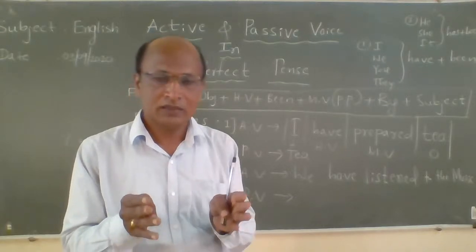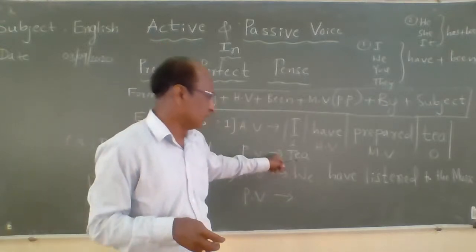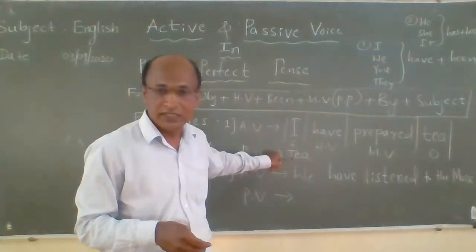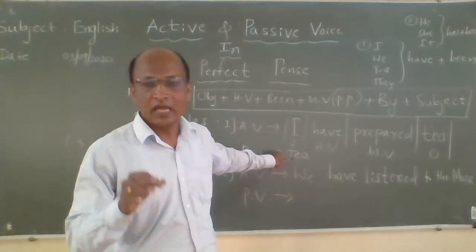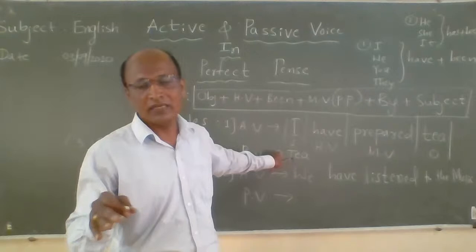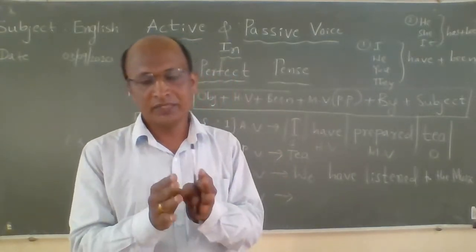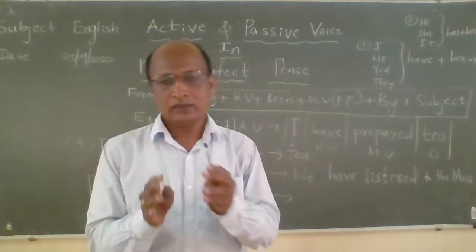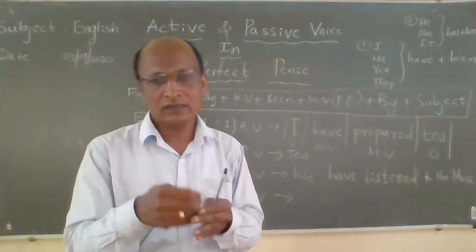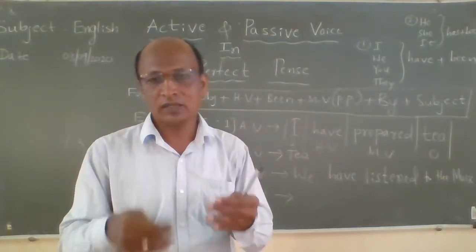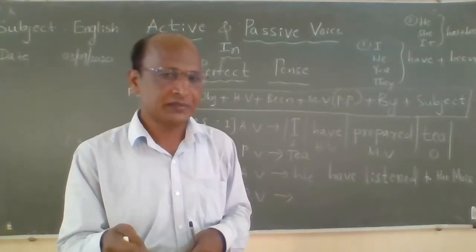Have you got the idea? Okay. See, tea is the object. After tea, which helping verb should we use? Tea has been, or tea have been: which is correct? The object tea is now in the subject position, right? After tea, we should use the helping word has. Why?